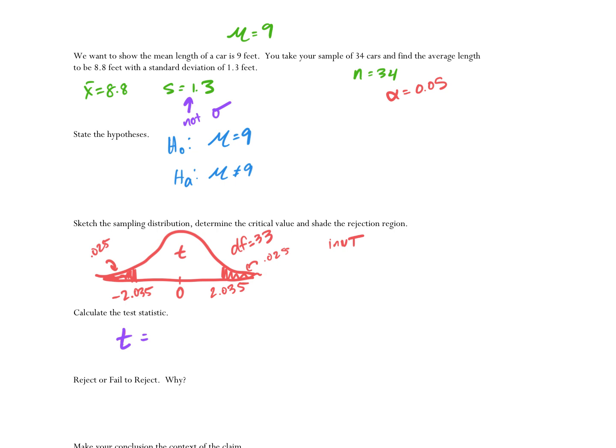What should we put for mu 0? 9. X bar? S? N? Highlight the not equal to. Hit calculate.